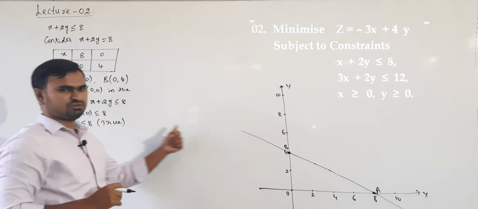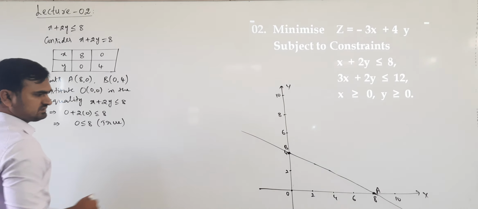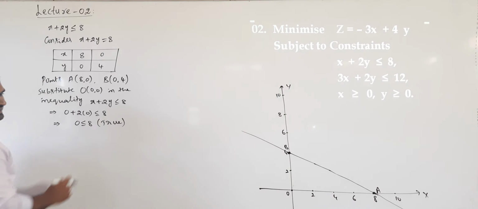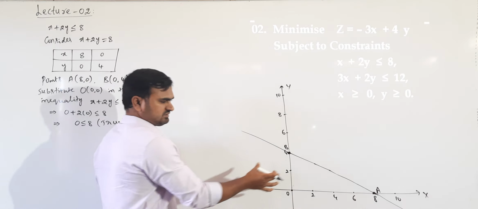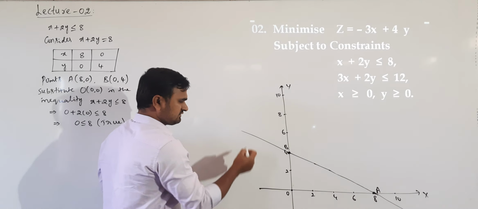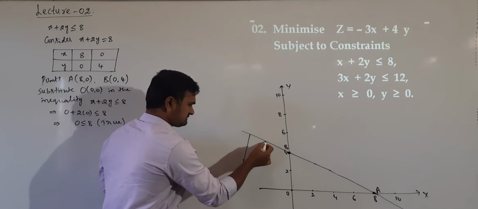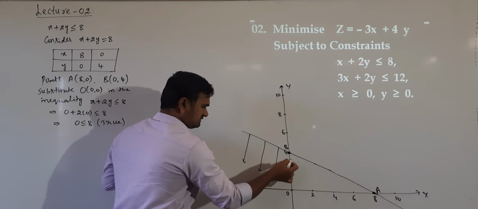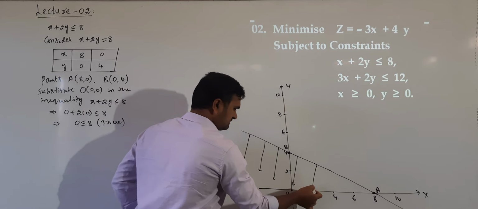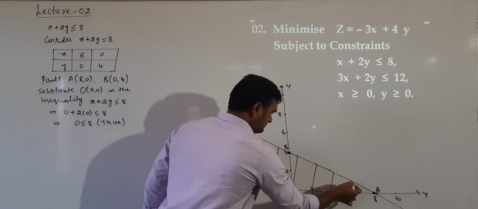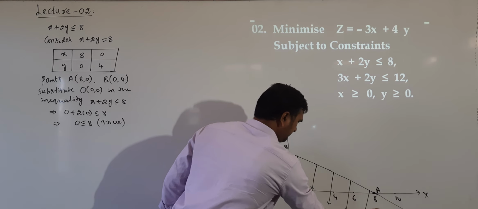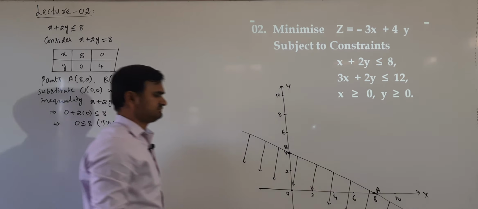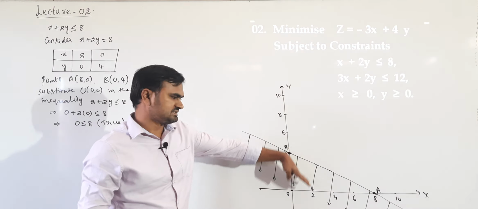Now 0 less than or equal to 8, it is true means origin lies in the solution region. So which region will be required? Below the line is required. So I will shade like this. So first inequality represents a solution region below this line. Okay. So we will consider this region.